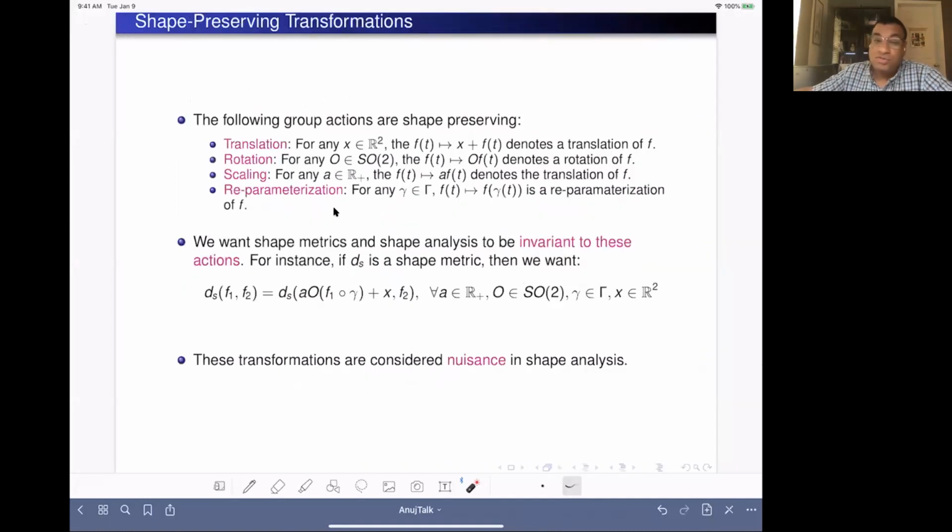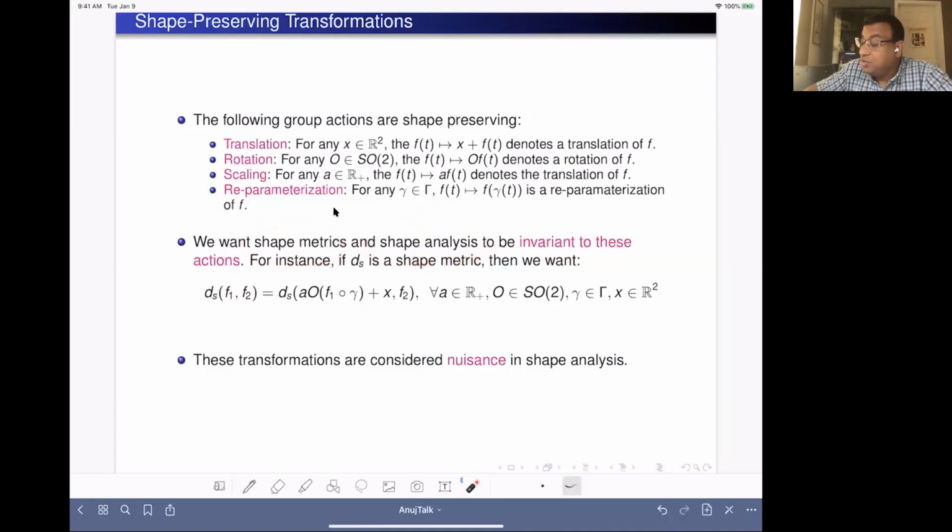All right, so now there are two things we want. Firstly, we want to do shape analysis of these curves, which is invariant not only to translation, rotation, and scaling of curves, but also to the reparameterization of the curve, because it doesn't change the shape of the curve. Okay, and so we want to have metrics, ways of doing all the things we want to do in shape analysis: compute shape averages, do PCA, all of the things that I listed earlier on.